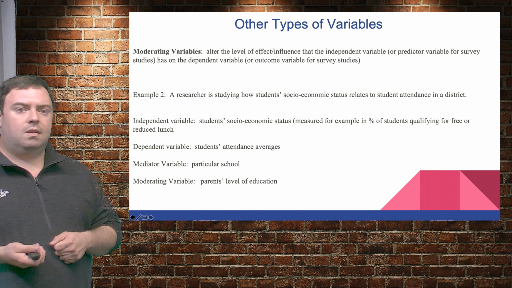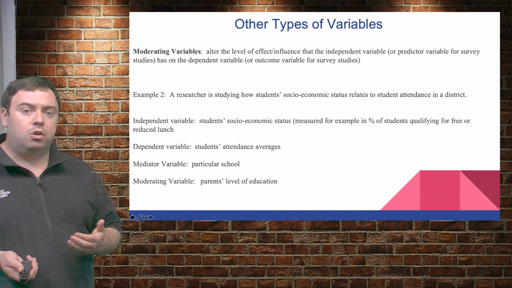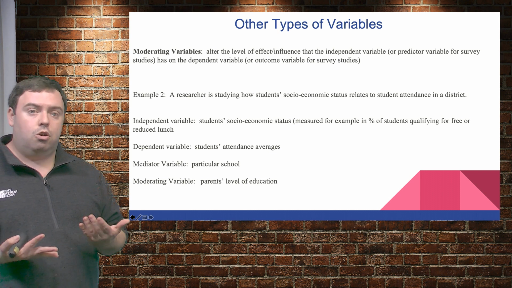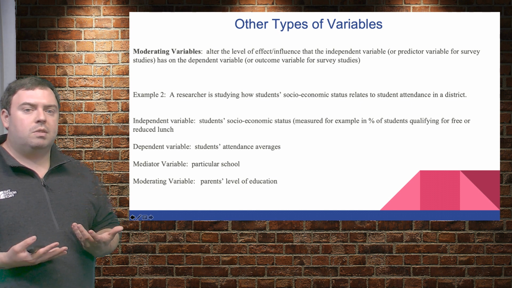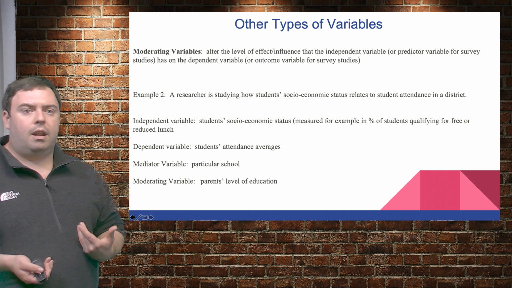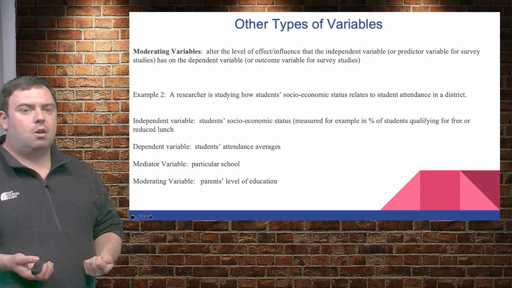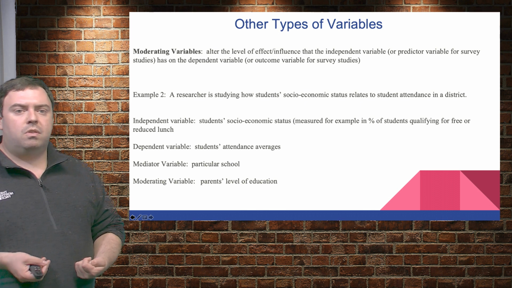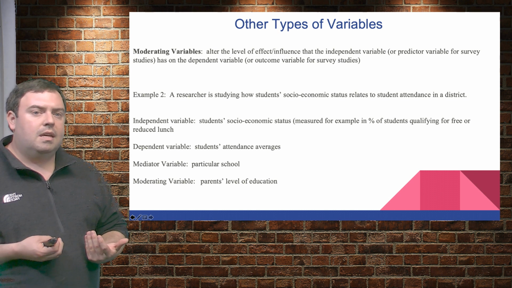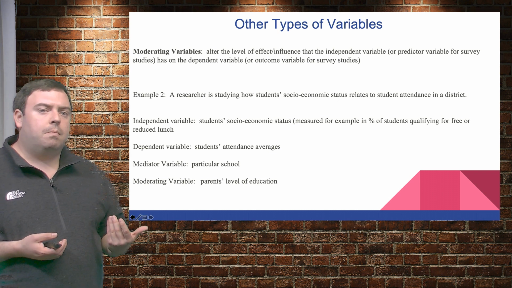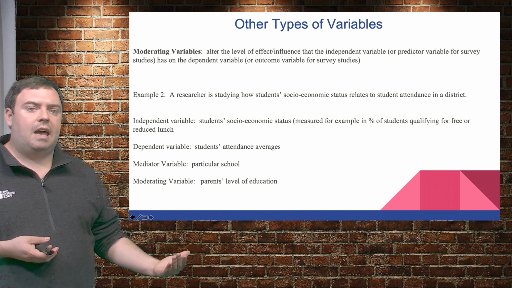On the other hand, students' attendance could be determined by or influenced by that student's socioeconomic status. So the dependent variable, what we're measuring to see the outcome, is the outcome on students' attendance averages.